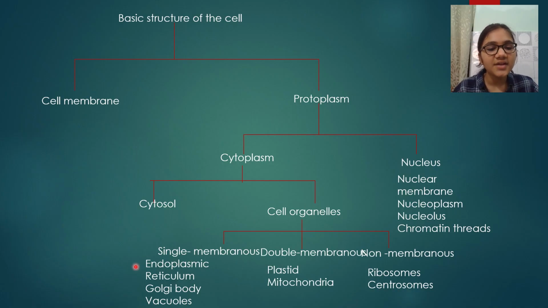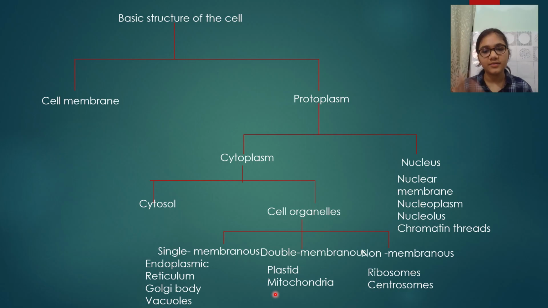Single membranous are the endoplasmic reticulum, Golgi body, vacuoles and lysosomes, and the double membranous are the plastids and mitochondria. The non-membranous are ribosomes and centrosome. Now, this whole part was of the cytoplasm.